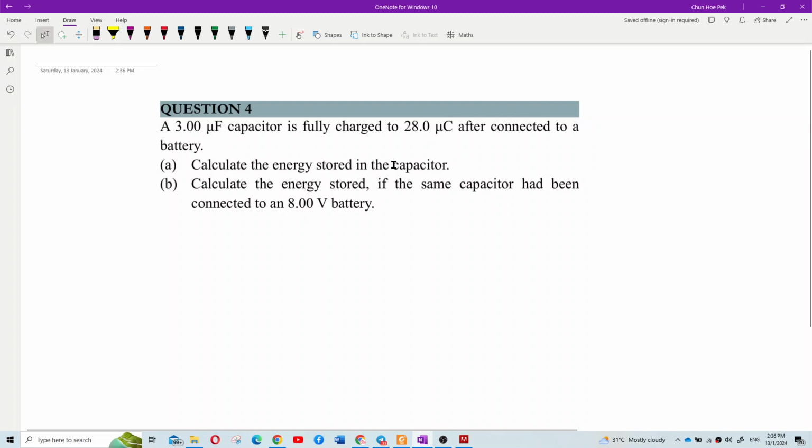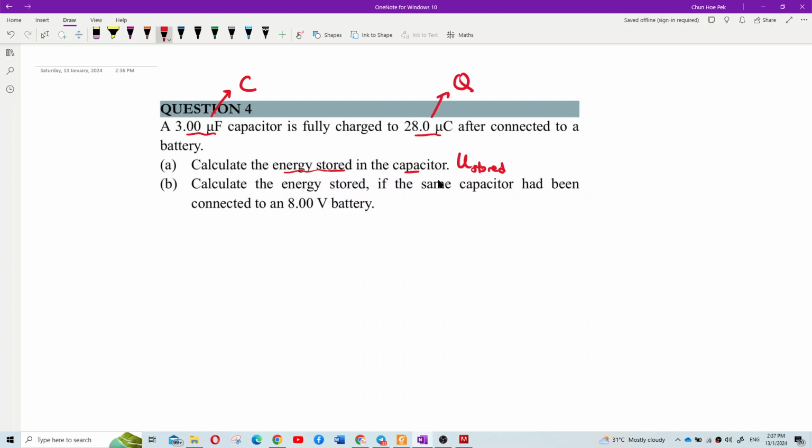Calculate the energy stored in the capacitor. The question asks for energy stored. Given 3 microfarad, this is the capacitance value, and fully charged to 28 microcoulomb, this is Q.